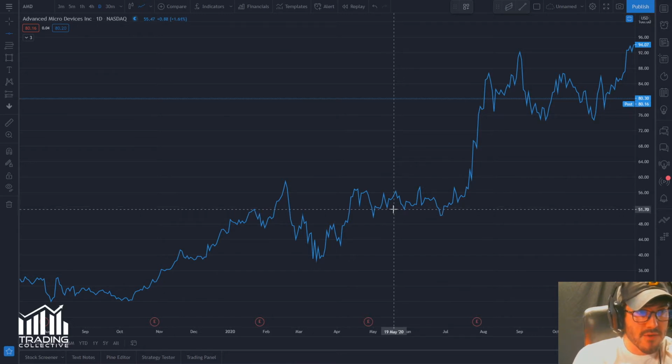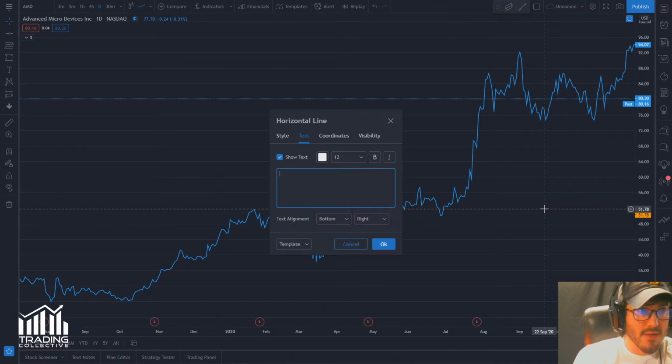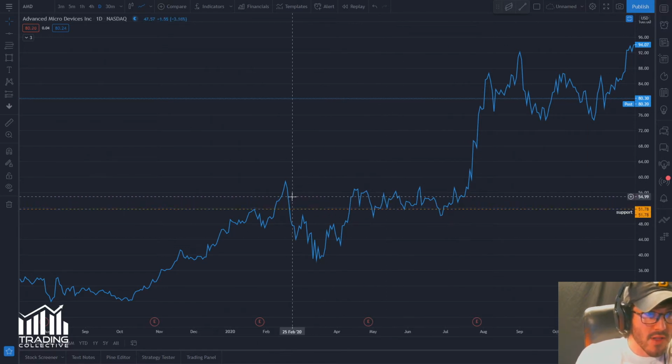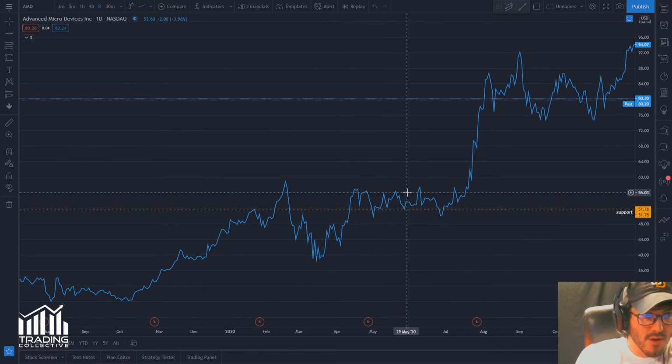So we'll put our first line down right here, and we can title this support, because it's falling to this line 1, 2, 3, 4, 5, 6 times.